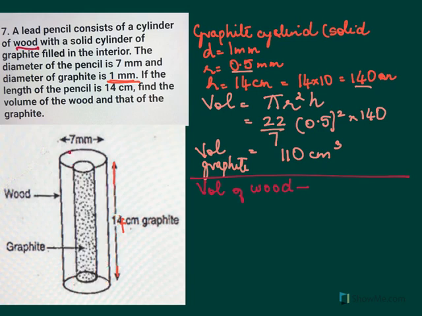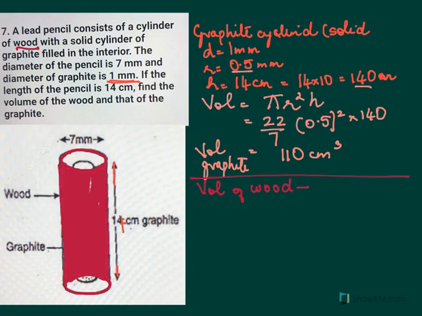So to find the volume of the wood, we would have to find the entire volume like this. This entire volume. We would have to find the volume of that entire outer cylinder, and from there we would have to subtract this volume.